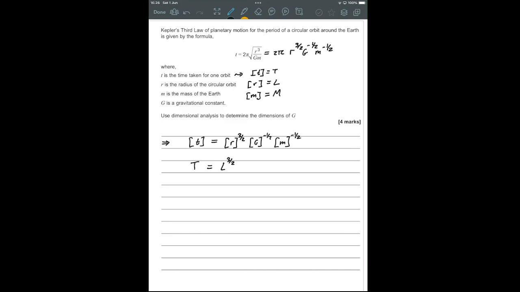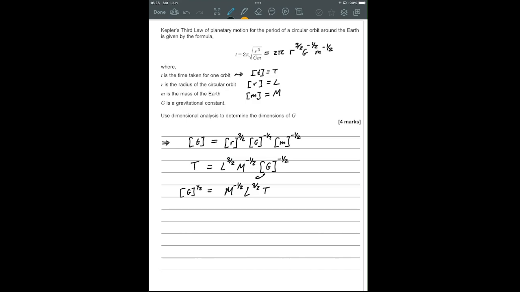And the awkward bit is going to be the G. I don't know what that is, so I'm going to keep it in its square brackets to the negative a half. Well, then let's throw that over. So the dimensions of G to the half. And I'm going to put these in the normal order.